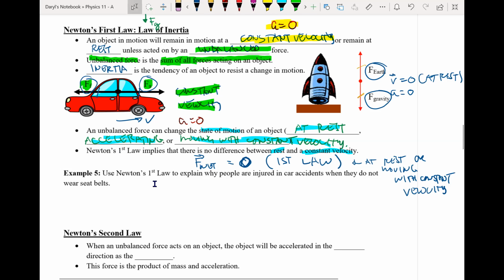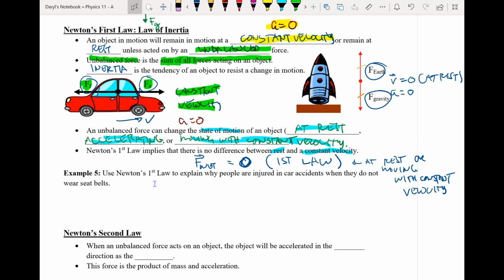Use Newton's first law to explain why people are injured in car accidents when they do not wear seat belts. Well, without a seat belt, remember that initially, if you're moving at 100 kilometers per hour, your velocity is the same as the velocity of the car.